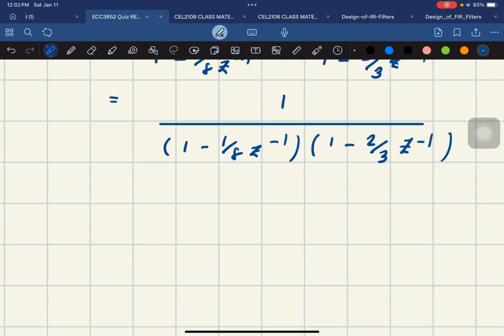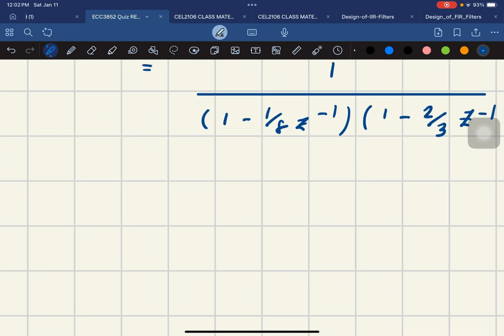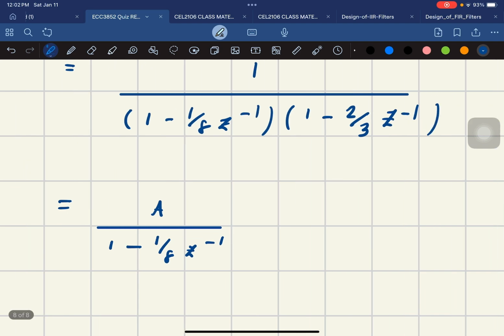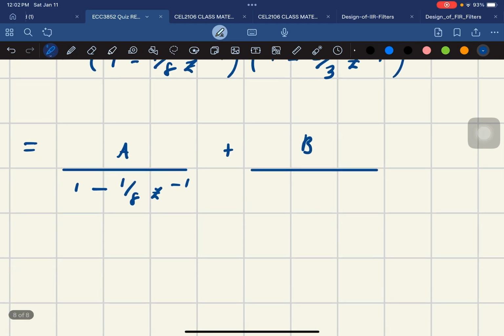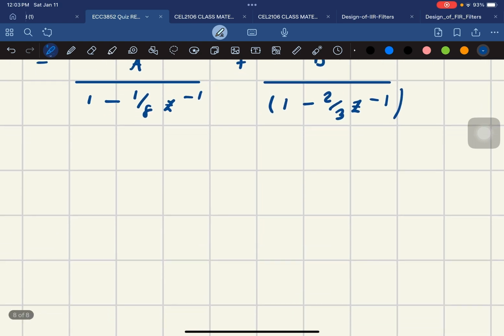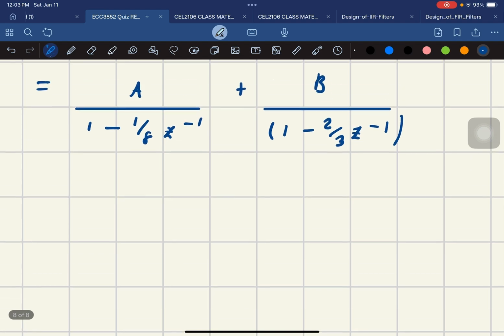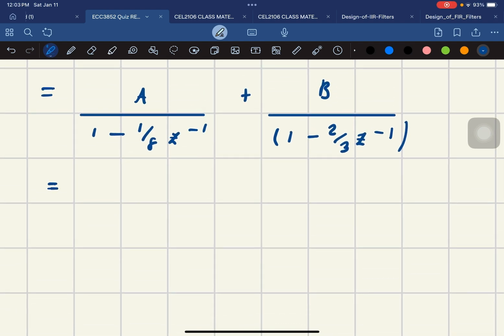So from this we will be using partial fraction expansion.